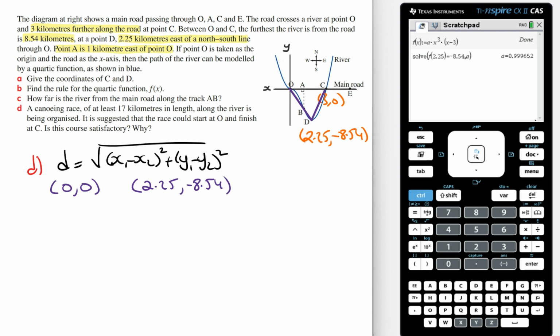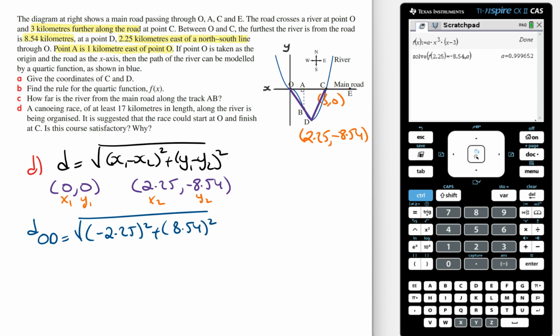And so if we let this be x1, y1, and this x2, y2, then the distance OD is going to be the square root of (0 - 2.25), which is -2.25, squared, plus (0 - (-8.54)), which is plus 8.54, all squared. And so setting this up in the calculator, we can work out this distance. And so this is equal to 8.83 kilometers.